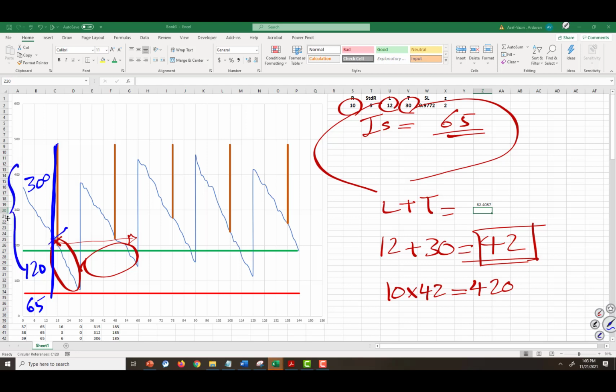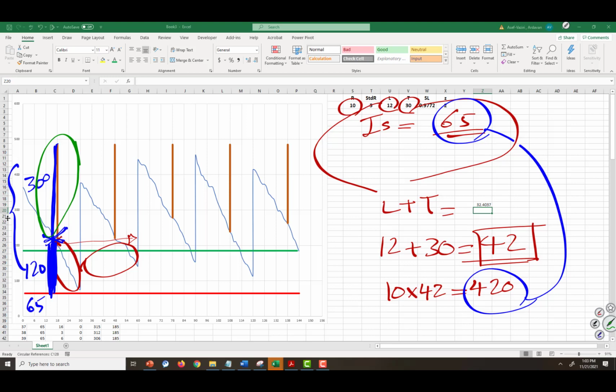Okay, now at this point, when I need to place an order, I know that I need 65 plus 420, but I do have this much on hand at this point. I have this much inventory, therefore I place an order for the rest.